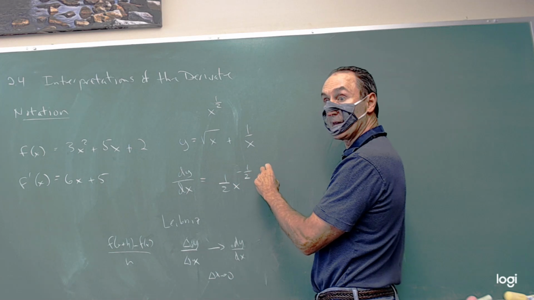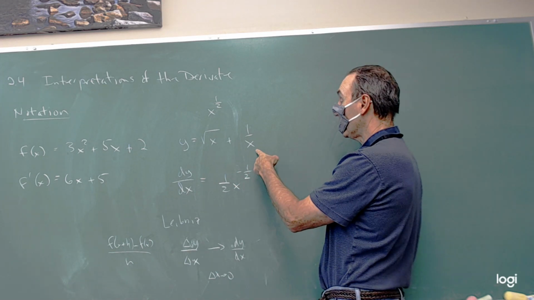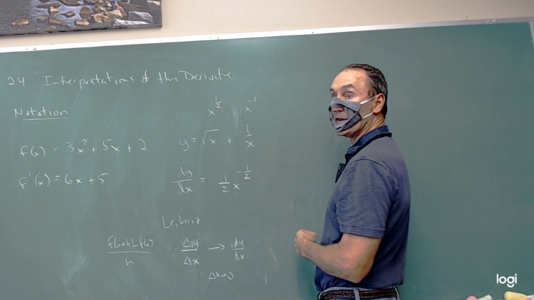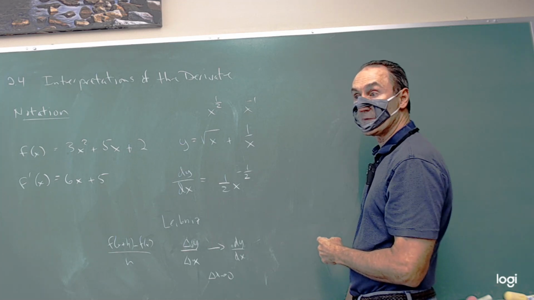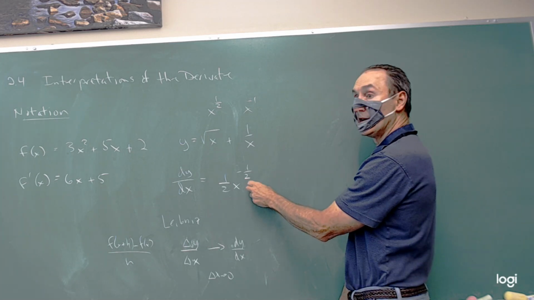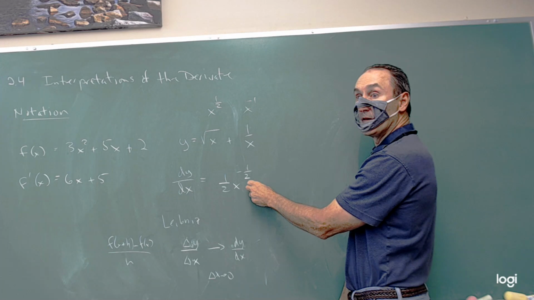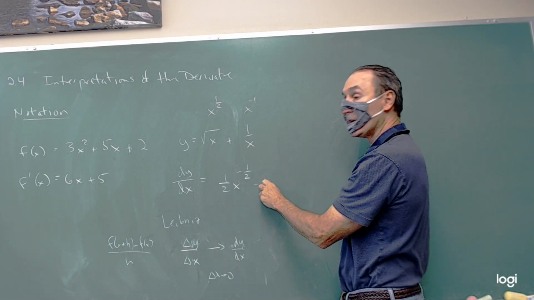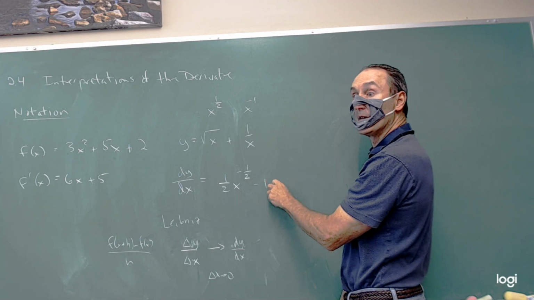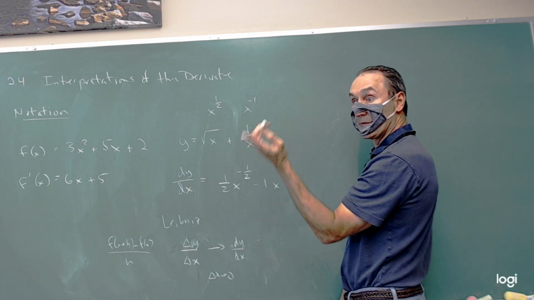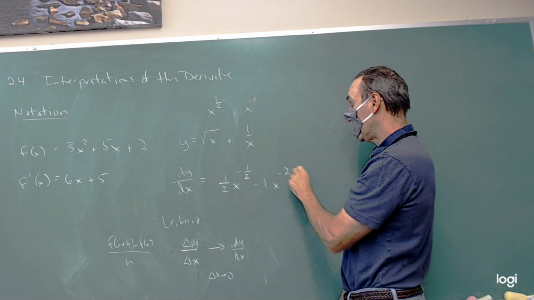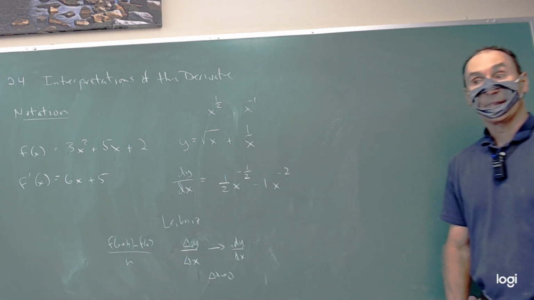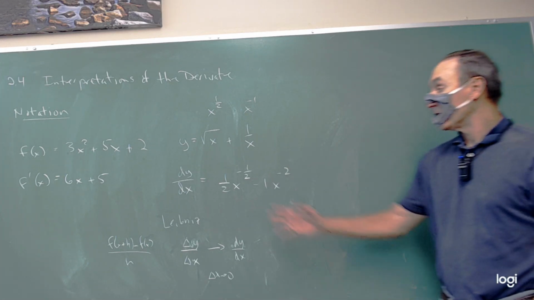We okay with that? And the 1 over x, we're thinking of as x to the negative 1. So its derivative is going to be negative 1 comes in front, x to the, subtract 1 from the negative 1, negative 2. You okay with that? So there's some notation there.